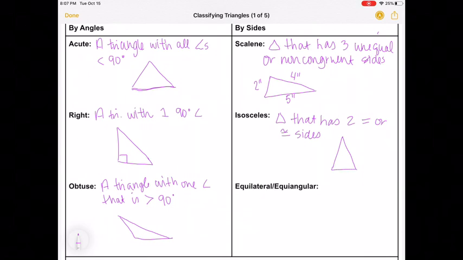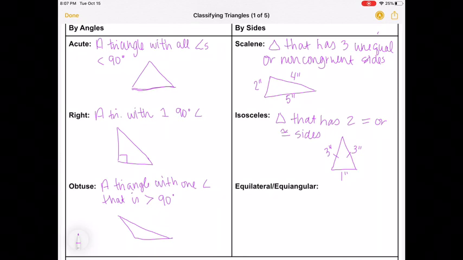Okay, so maybe the bottom here is 1 inch, and then these other two sides are 3 inches. Now, thinking back, remember, if those are both equal, we show that by the single line on there, showing that they are congruent, okay? Sometimes when given a problem, they may not mark that for you. You may need to go back and clarify that, okay?